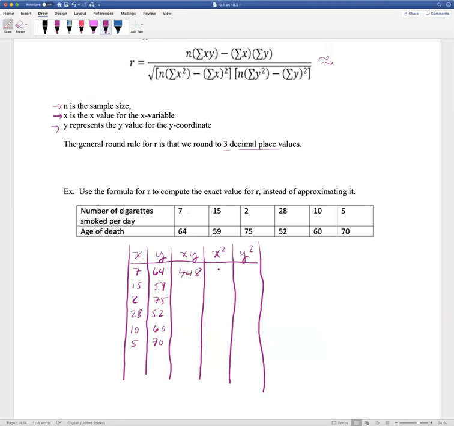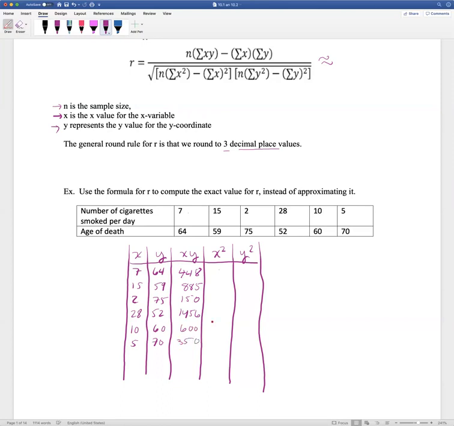Let's do the whole XY column first. The next one's 15 times 59, which is 885. 2 times 75, I don't need my calculator for that one. 28 times 52 is 1456. 60 times 10, and 5 times 70, that's 350.